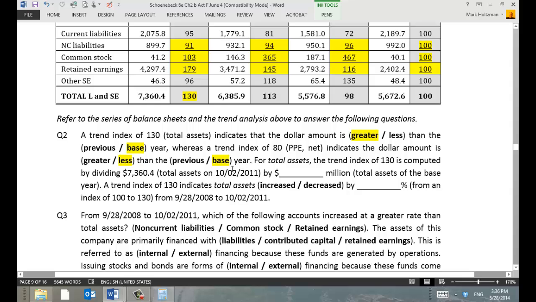For the total assets, the trend index of 130 is computed by dividing 7360 by 5672.